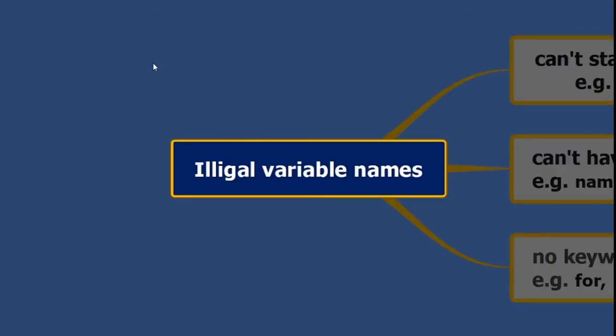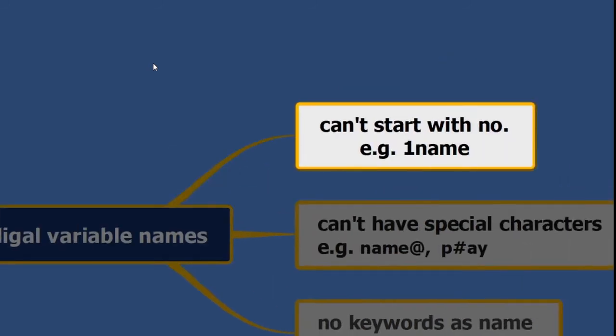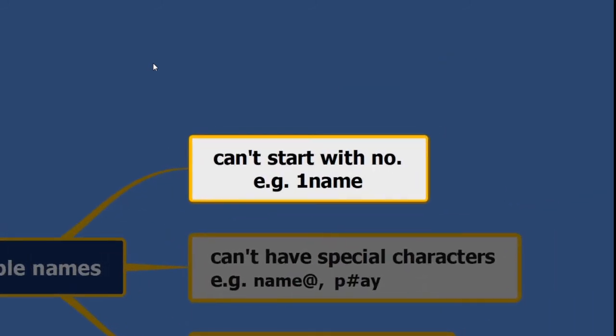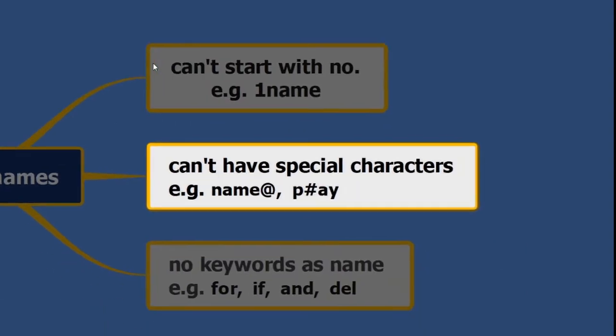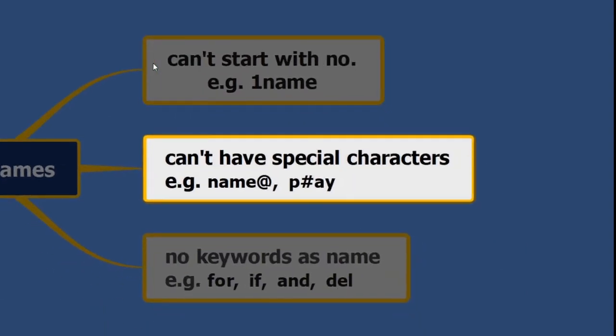There are a few things you should not do when you are naming a variable, which creates illegal variable names. So let's see what those illegal variable names are. We cannot start a variable name with a number. For example, 1name is an illegal name, but name1 is a legal name. We cannot have special characters like name@ or p#ay.